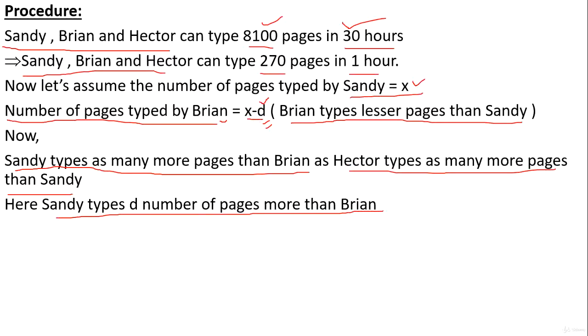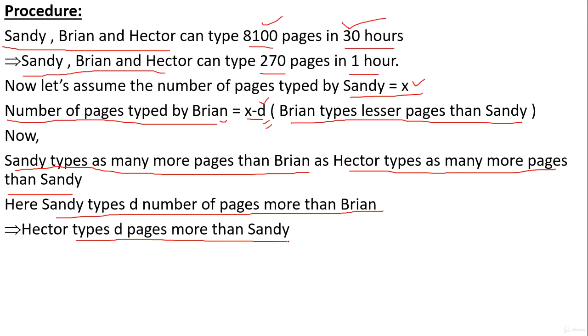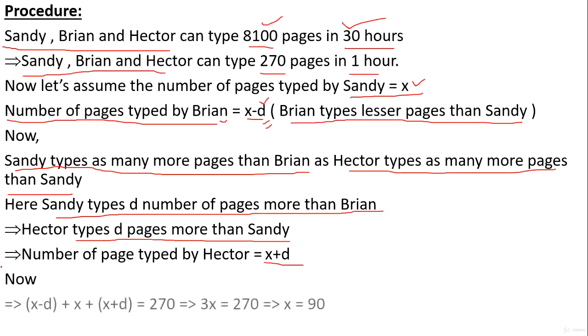Now the difference here is only d. So what will be the number of pages typed by Hector? x plus d, since d is the difference.